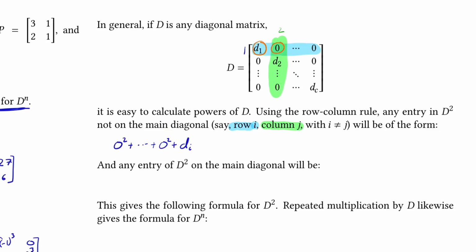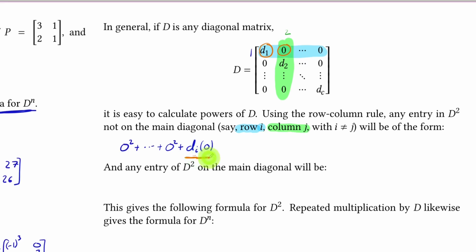When you get to entry i, we're going to have a non-zero entry in row i, and column j row i must be 0, because we're talking about something that's not on the main diagonal. So that's going to be 0.